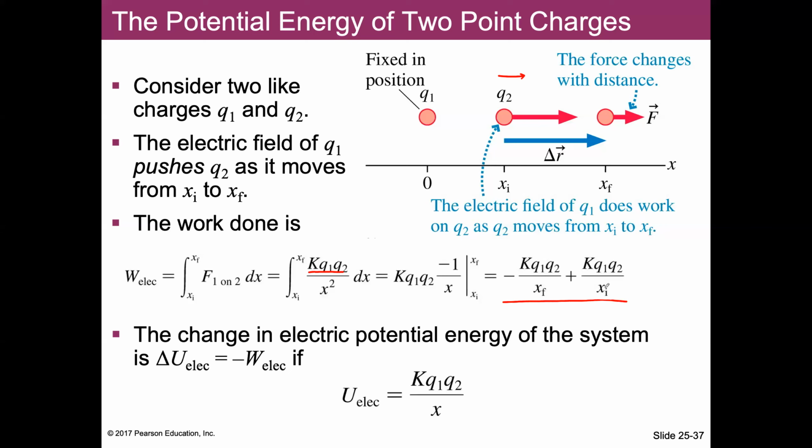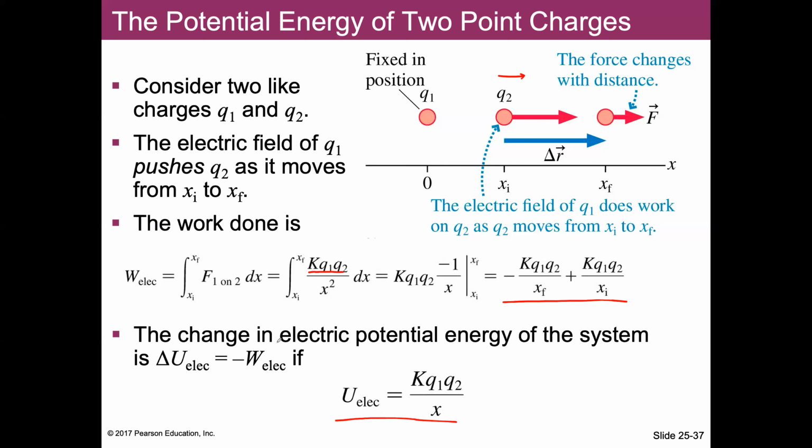K Q1 Q2 over Xi subtracted by K Q1 Q2 over X final. So in this case, if we define the electrostatic potential to be K Q1 Q2 over X, then this term can be written as U of Xi, minus U of Xf.